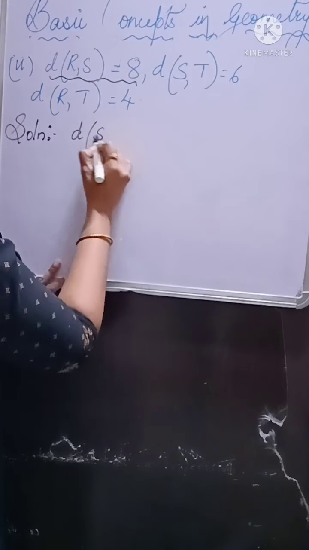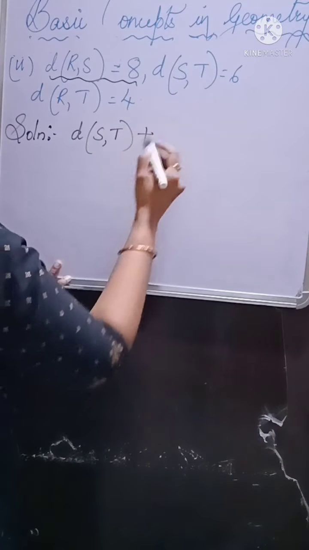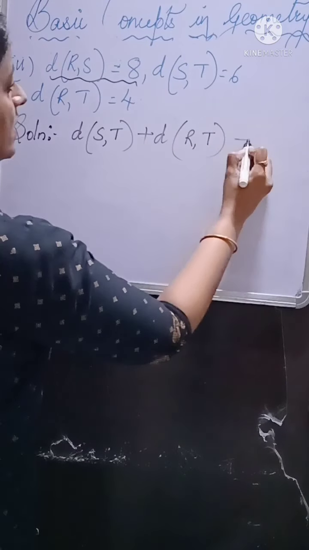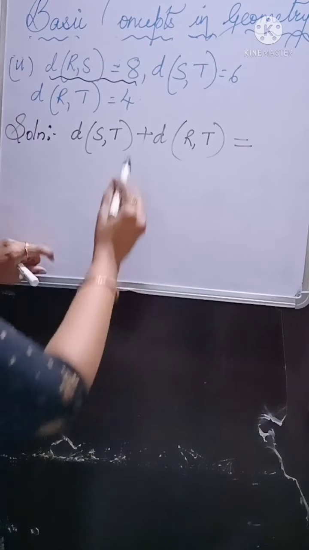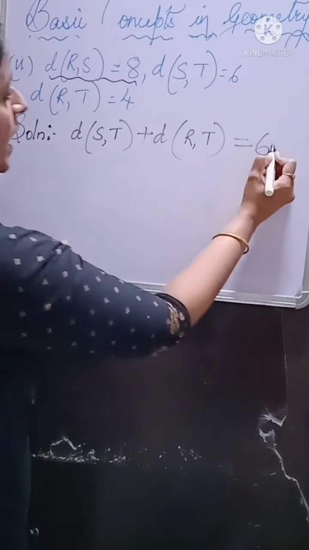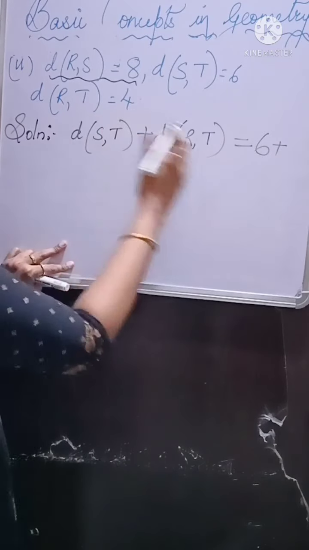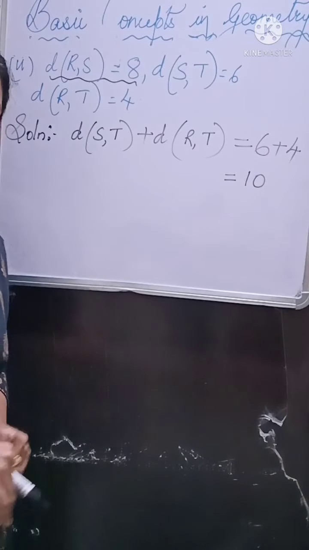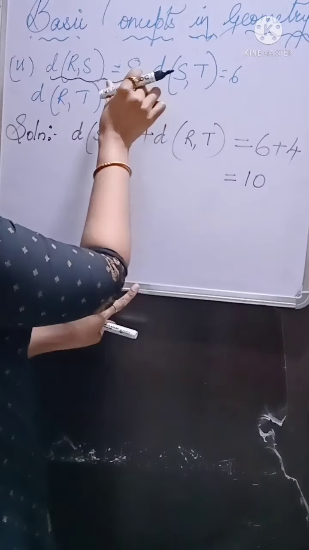Distance between S comma T plus distance between R comma T is equal to, what is the distance? S comma T is 6 plus R comma T is 4, which is equal to 10. You are getting 10, but you should have got 8.